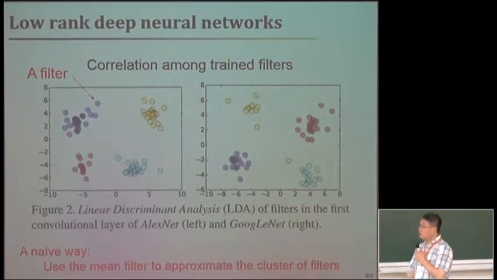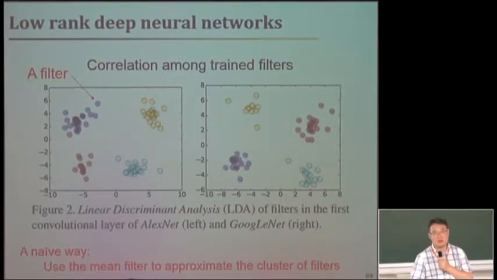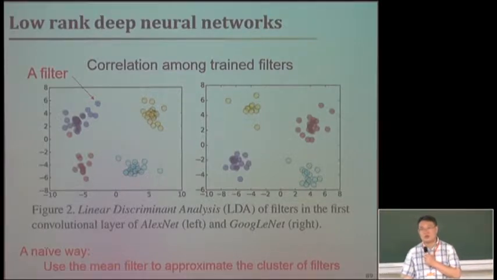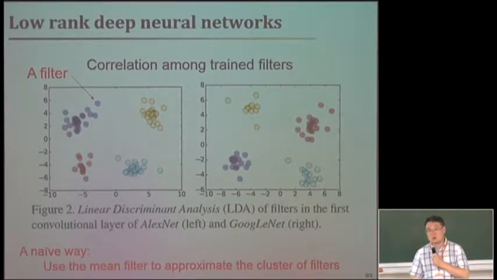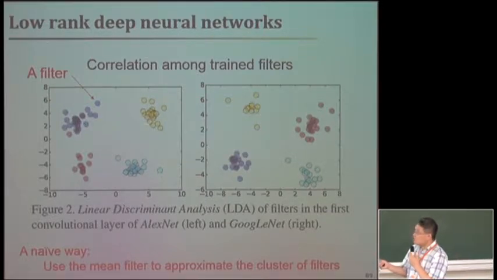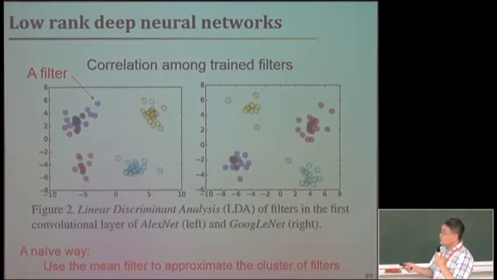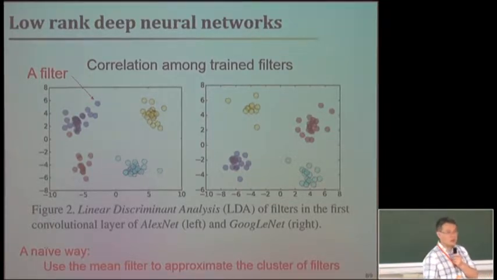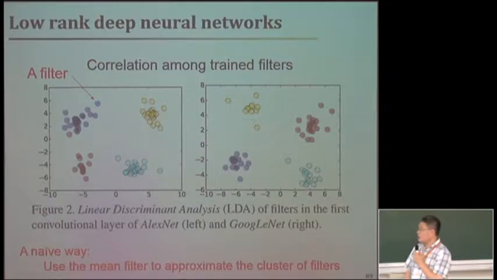We have a lot of filters, and the filters can be represented as vectors in the design space, pointing in different directions. If we can group or cluster those filters into a smaller number of representative filters, then we can use one representative filter to represent all the filters in its group and approximate the result of the deep learning network. That is the basic idea.